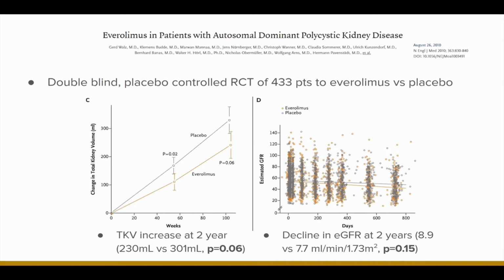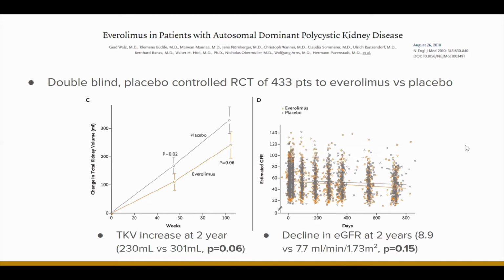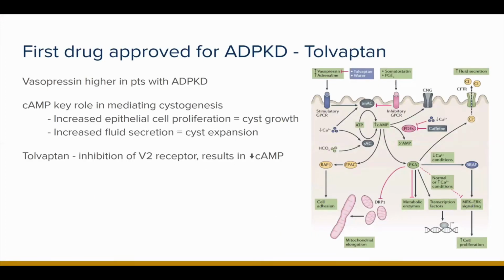There's also a very similar study, which I haven't gone through here, that assessed sirolimus in the same year in the New England Journal, and their outcomes were similar with, again, no effect found on change in GFR or total kidney volume.